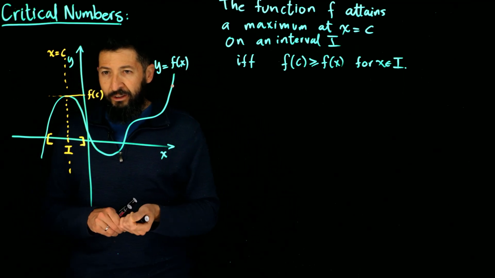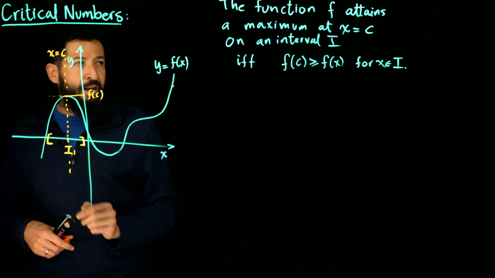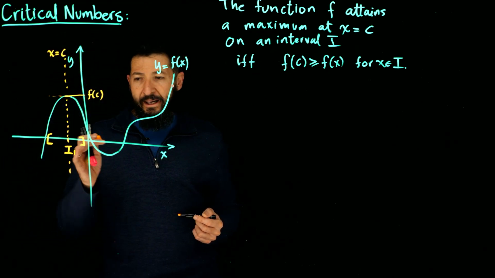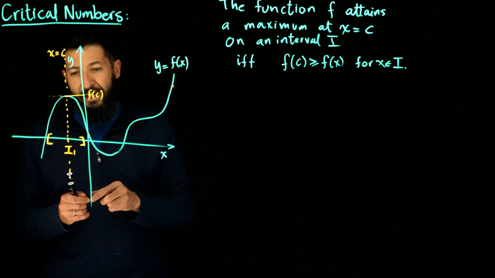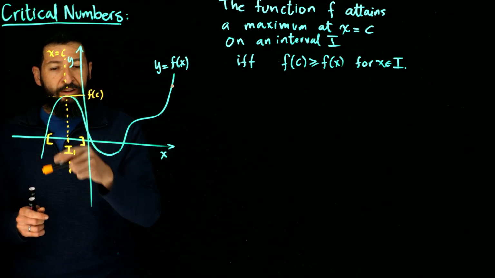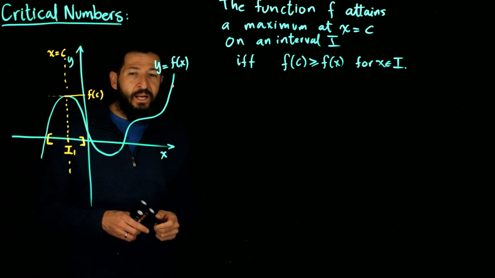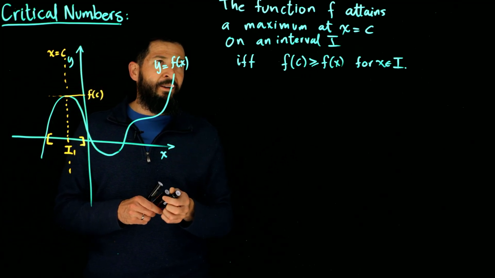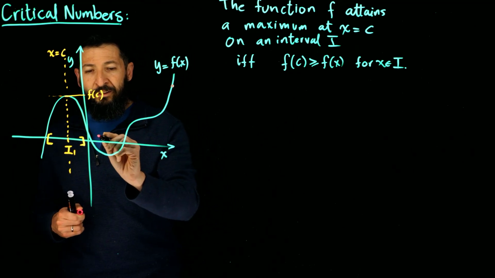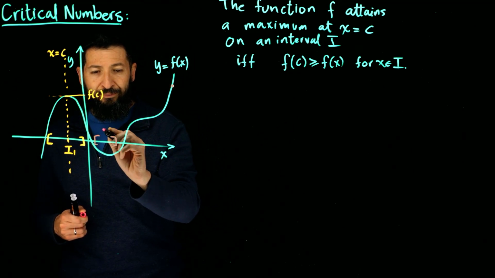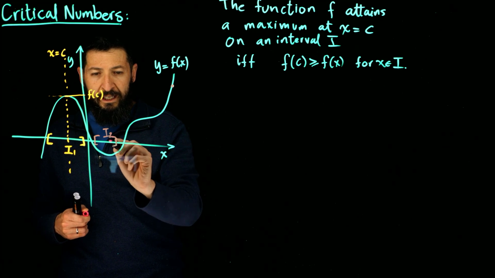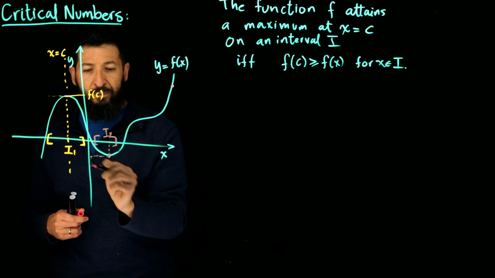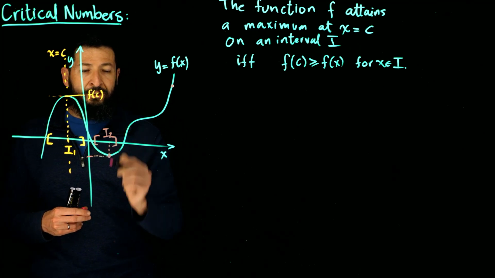So let's call this interval I1, and according to this definition, f attains a maximum at x equals c for that interval I1. But now, for a minimum, you would just change the order of the inequality, and let's say that this is going to be my interval I2. And it seems like right around here, I obtain a minimum for that value right there.